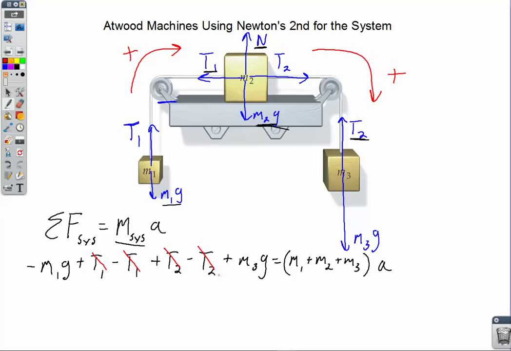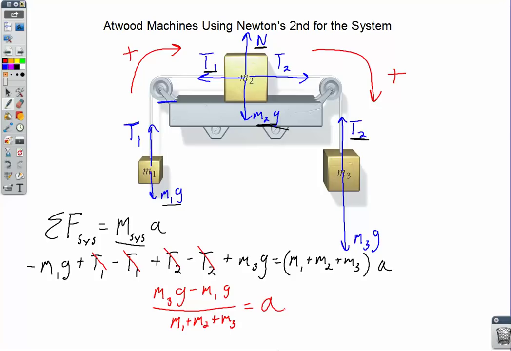We subtract those and divide by the total mass, and you've got the acceleration. So M3G minus M1G divided by the total mass, M1 plus M2 plus M3, is equal to the acceleration for all of those blocks. And in one fell swoop, boom, we've solved for the acceleration.